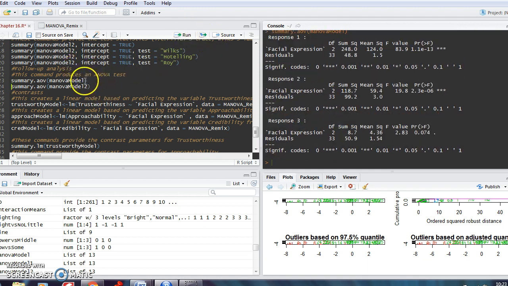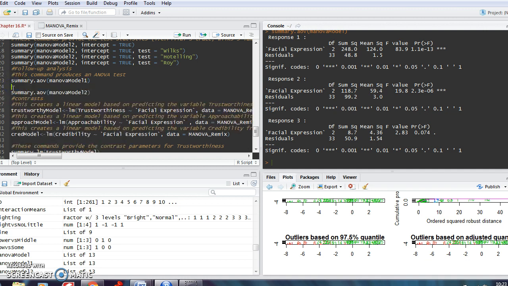So the first command that we're going to run is an ANOVA for our MANOVA model 1, and an ANOVA for our MANOVA model number 2.